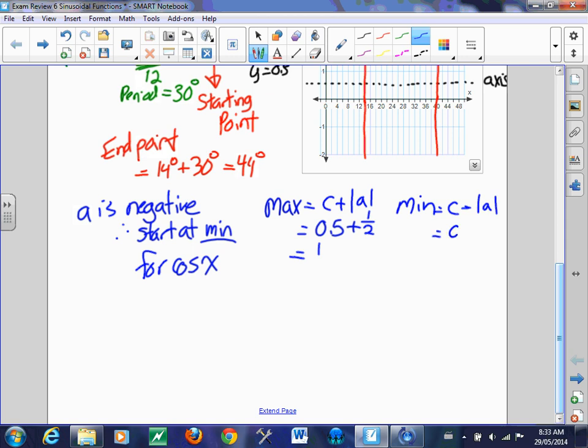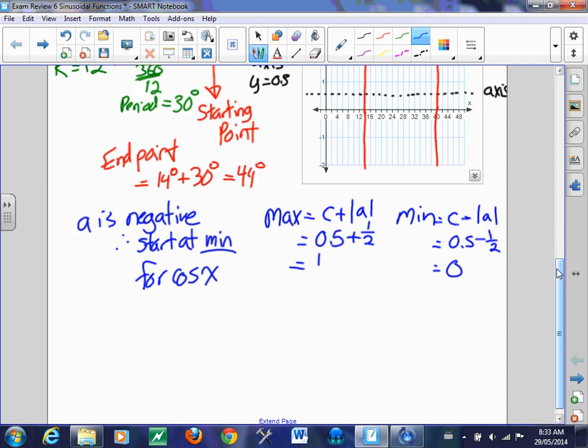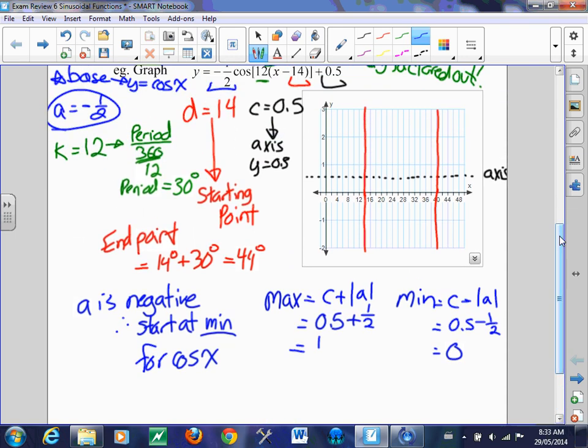So that's going to be 0.5, and we are going to subtract a half, which is still 0.5. So our minimum value equals 0. So we start at a minimum. We're not starting at the y-axis. Remember, we're starting at our starting point, which is right here. So there, it tells me I need to be at my minimum, which is at 0.